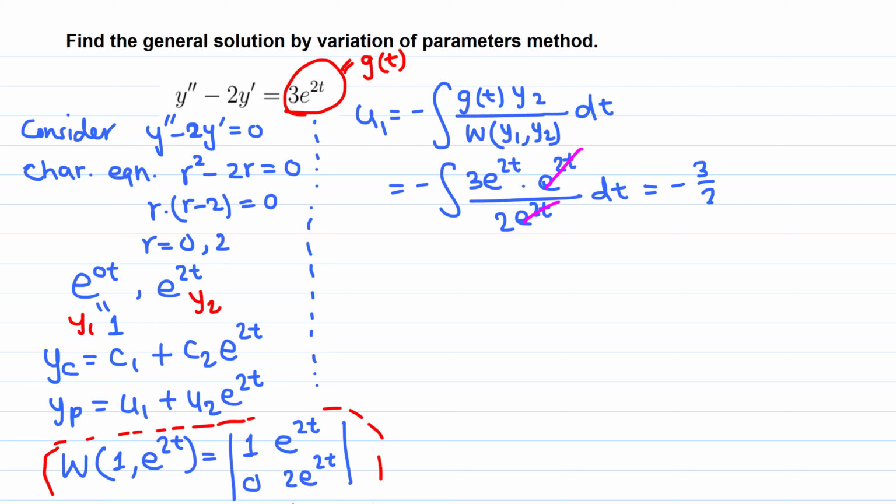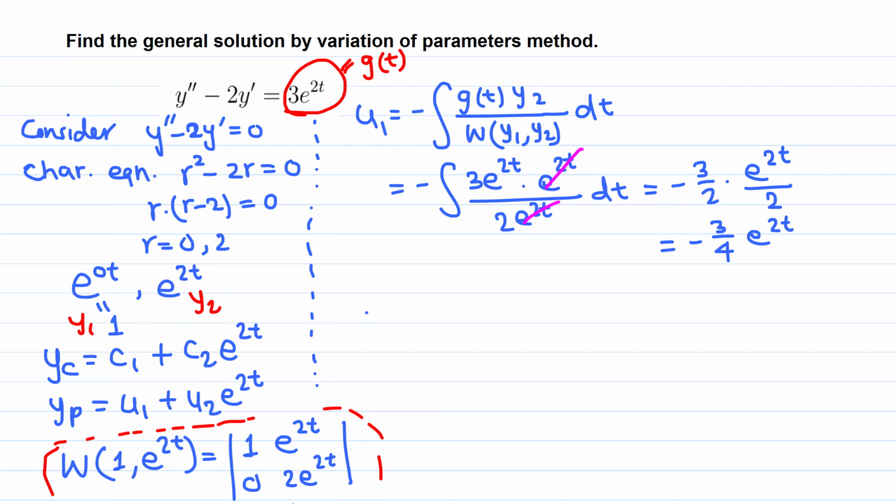That's negative 3 halves. And now we are left with the integral of e raised to 2t dt. Let's integrate e raised to 2t. Exponential functions stay themselves, divide by that number 2. And plus C is not needed because we are just trying to find a particular solution. So this is negative 3/4 e raised to 2t.